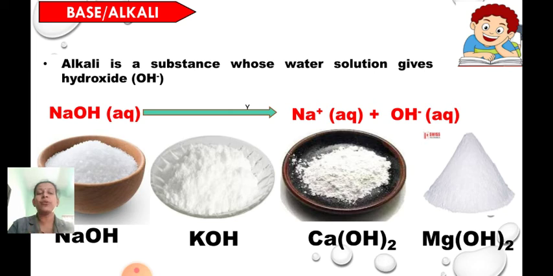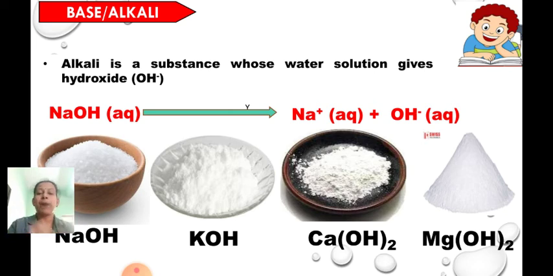So Mg(OH)2 is the formula of magnesium hydroxide. Another base is ammonium hydroxide. So altogether I have given you examples of 5 different bases.